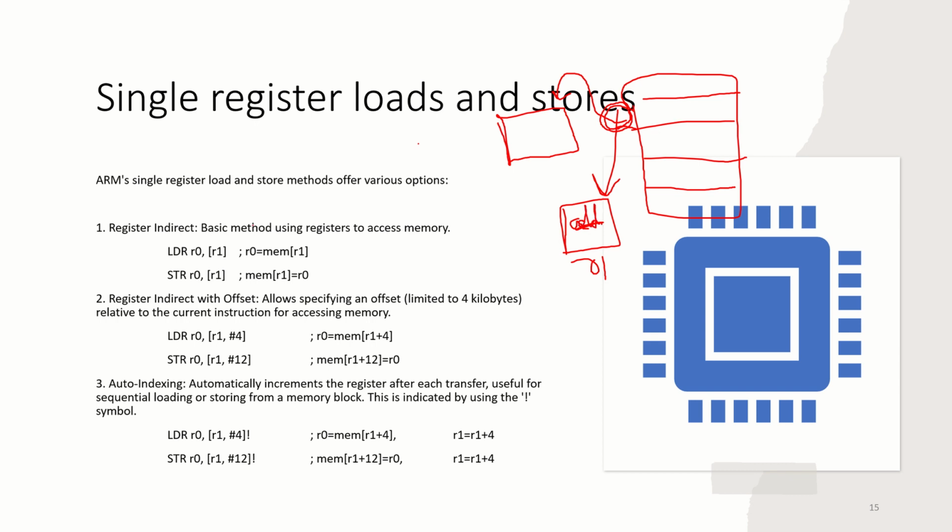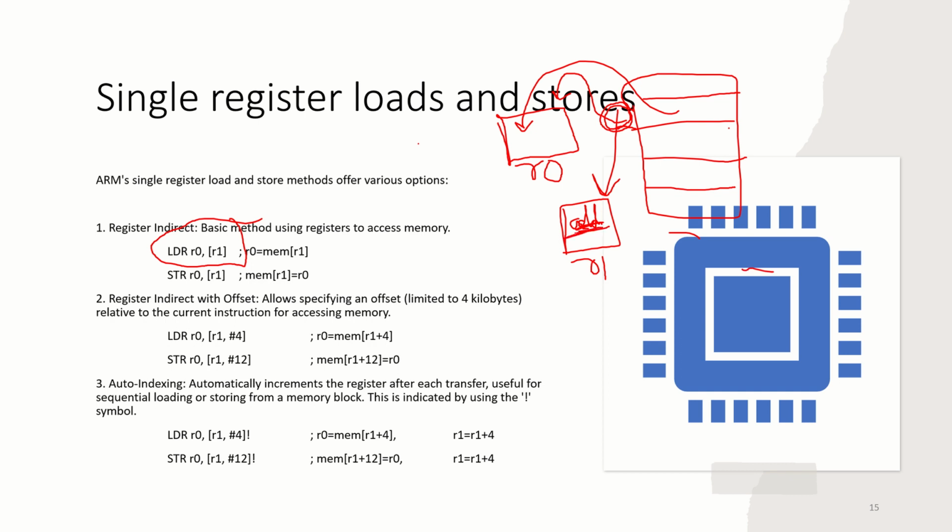Now if we write LDR R0, R1, what it will do is load the register R0. So this is the register R0. It is loaded with this value. How to identify this value? Because in register R1 the address is stored.